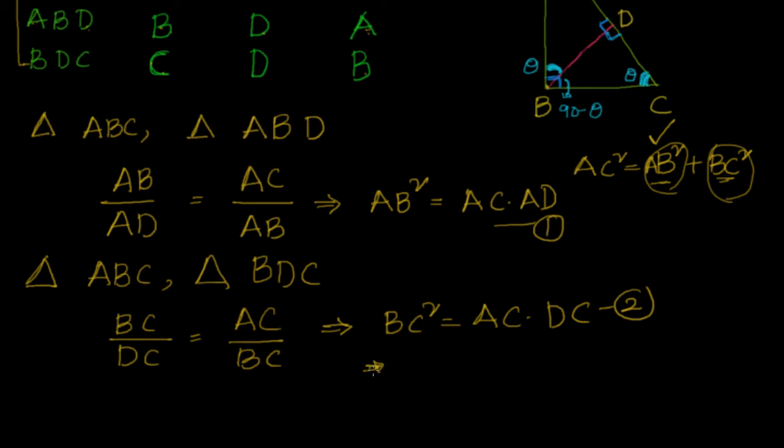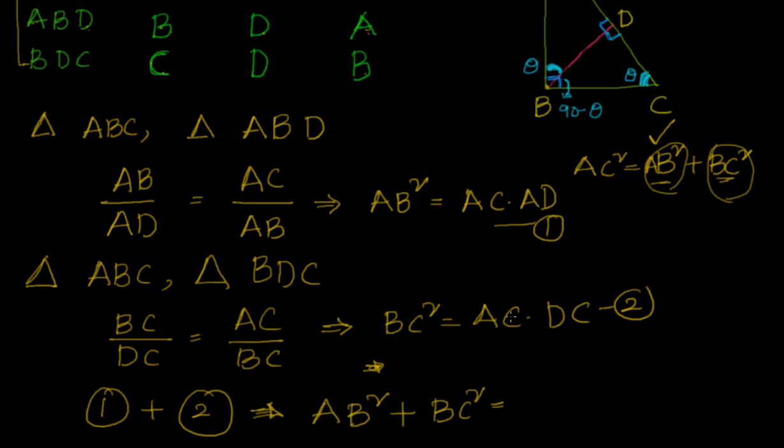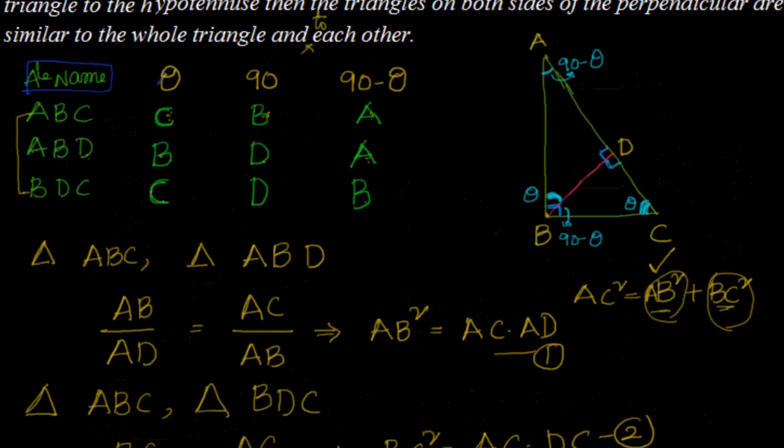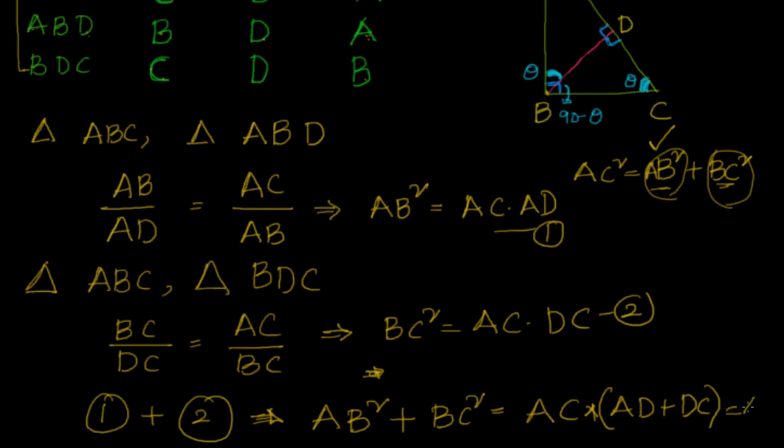Let us see. If I add 1 plus 2, it will give me AB square plus BC square equal to, I can take AC common, so AC into AD plus DC. AD plus DC is nothing but AC. So it is equal to AC square.